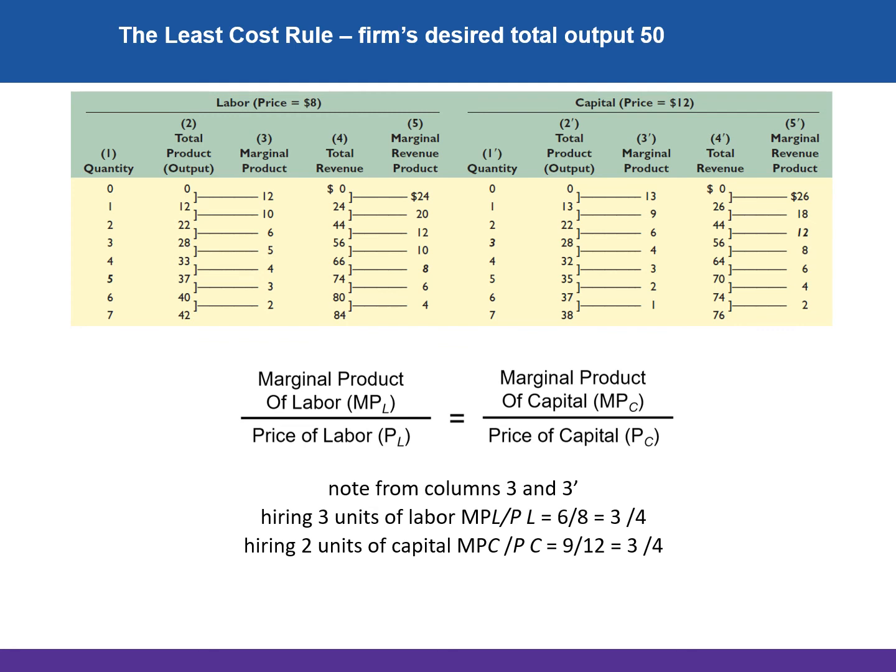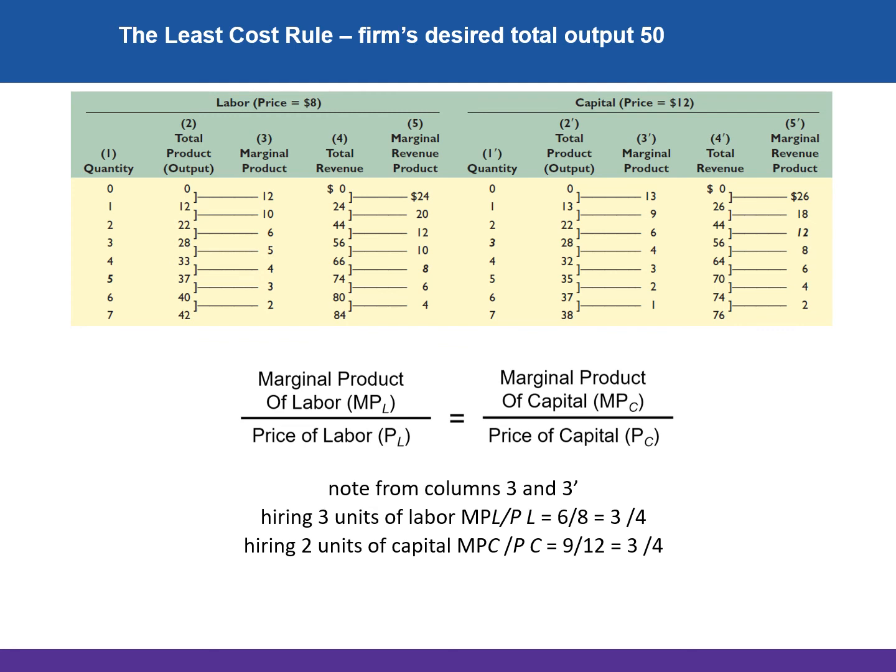Therefore, we have determined that this firm, to minimize cost to produce 50 units of output, should hire 3 workers and use 2 units of machinery or capital inputs, right? So that's 6 over 8 equals 9 over 12.